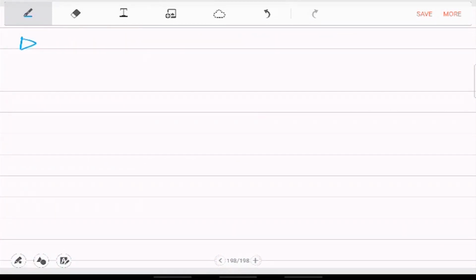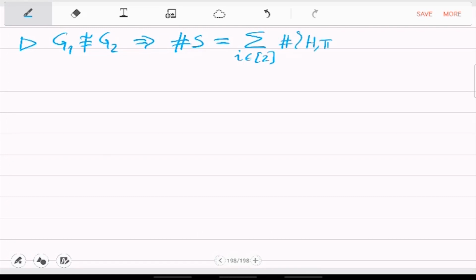On the other hand, if the graphs are non-isomorphic, then the size of S is the case when H is isomorphic to G1 plus the case when H is isomorphic to G2. So the number of H, pi such that H is isomorphic to G1, and likewise for G2.